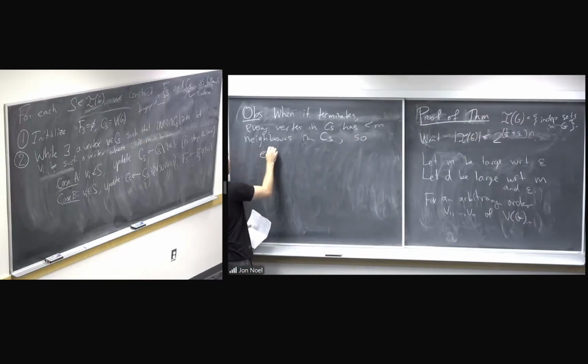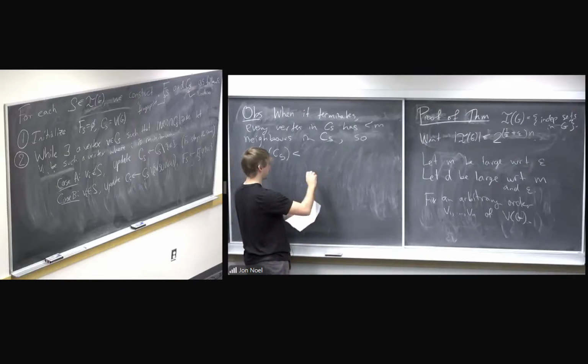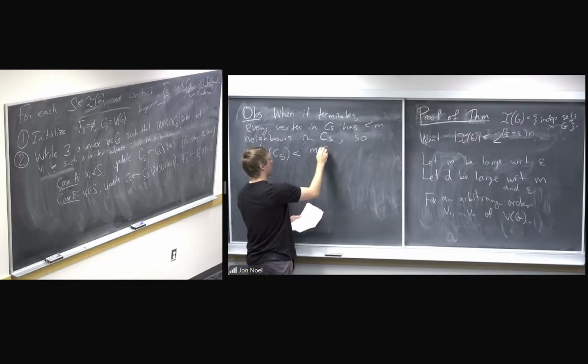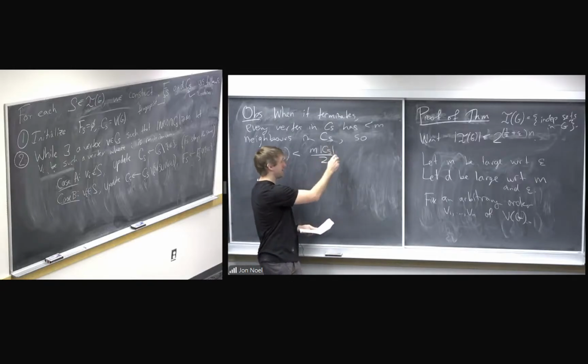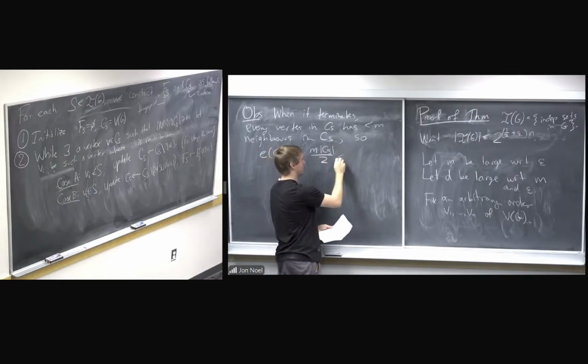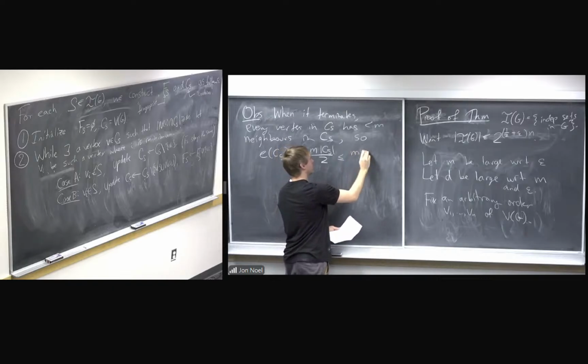So the total number of edges within the container is going to be less than m times CS over 2, by handshaking. The over 2 is because when you sum the degrees, you count the edges twice. Of course, this CS thing is less than or equal to n. So that's at most mn over 2.